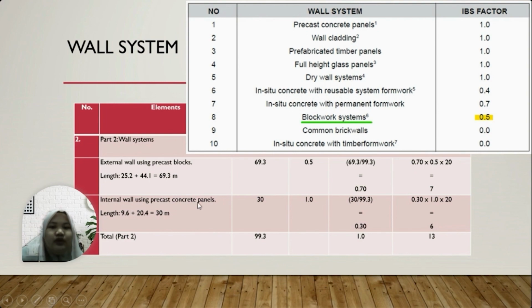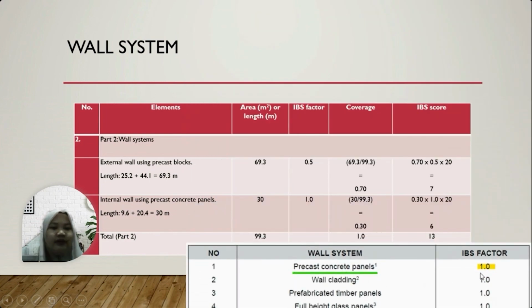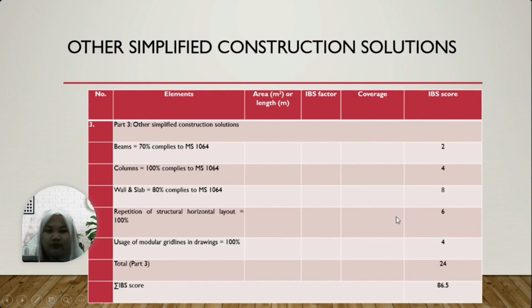For the internal wall we use precast concrete panel, so the factor is 1. The coverage is 0.3 times 1 times 20, giving 6. So the total IBS score for part 2 is 13.